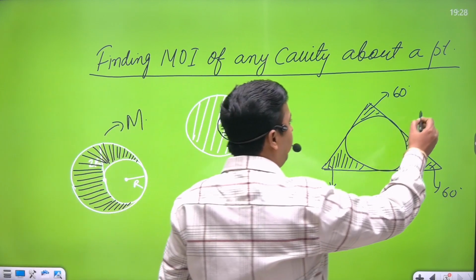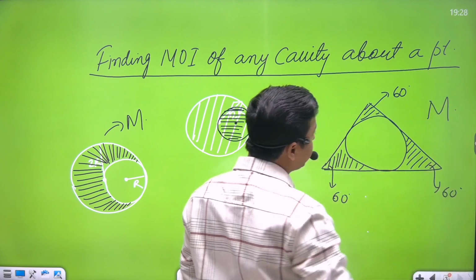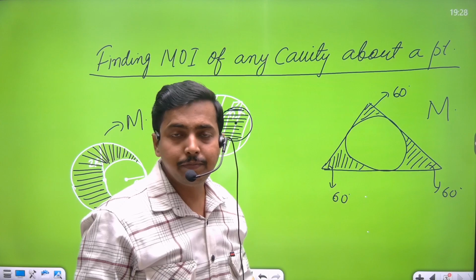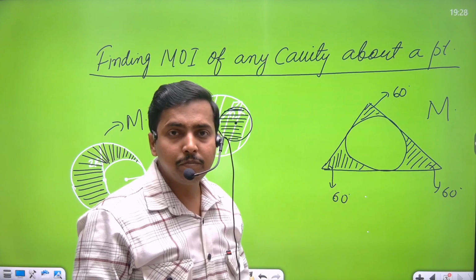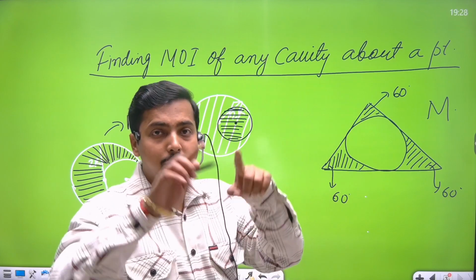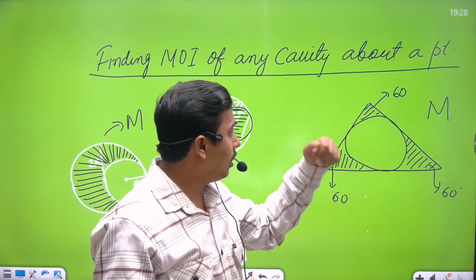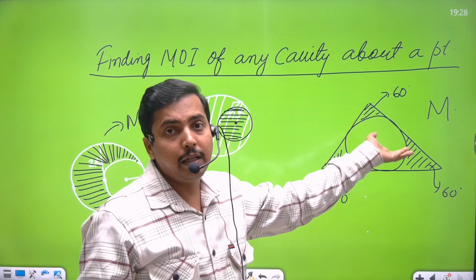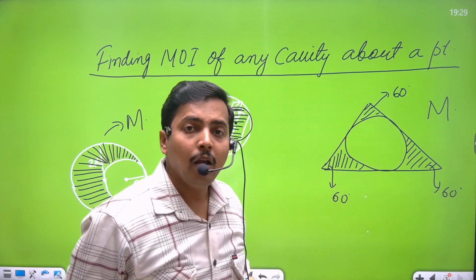Similarly, capital M may be given as the mass of the whole triangle before the cavity was taken out, right? Before making the cavity, what was the mass of the whole triangle? That would be given in the question, like it has mass capital M.